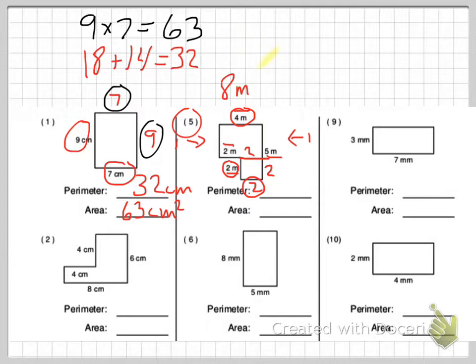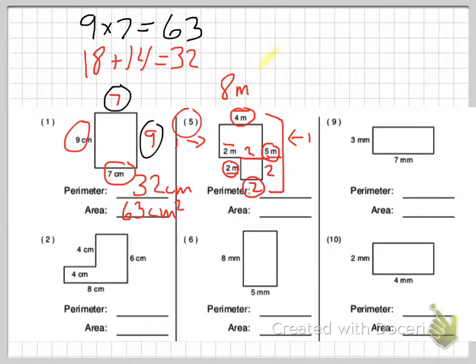Now, it's not giving me the exact measurement, but I notice I have 5 over here, okay? Now, I can't say that this side is going to be 5 because that's for this entire section, okay? So I have to think of what it could be.